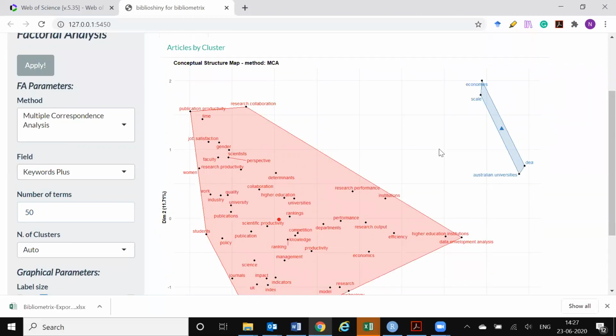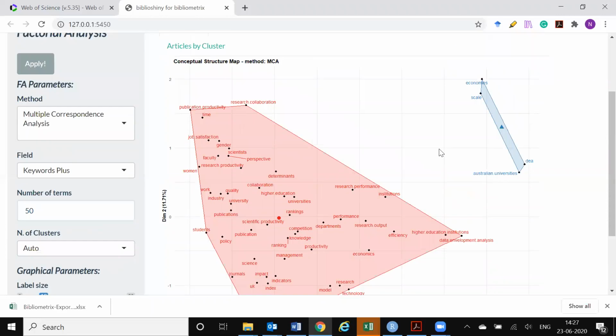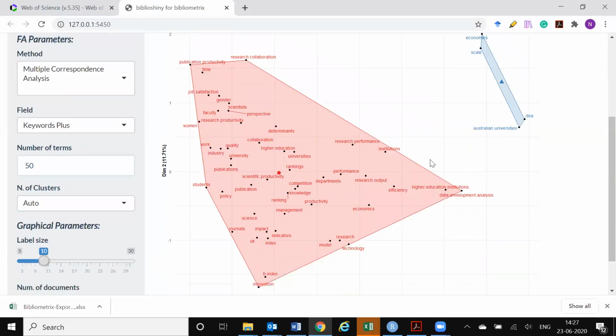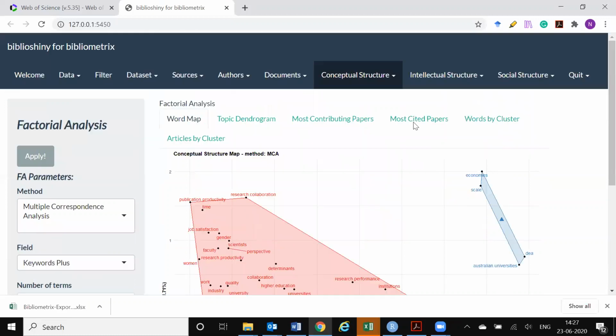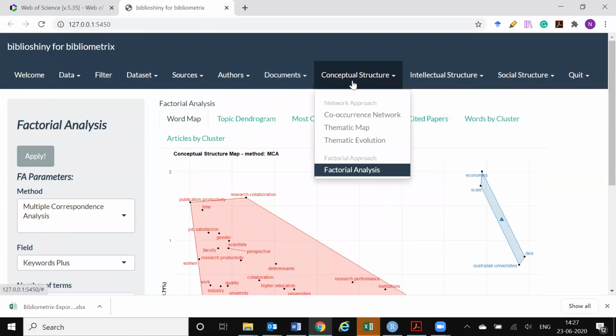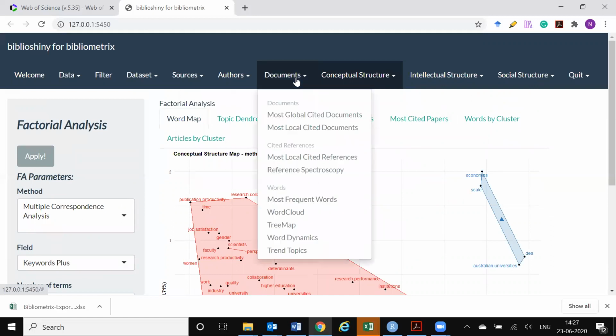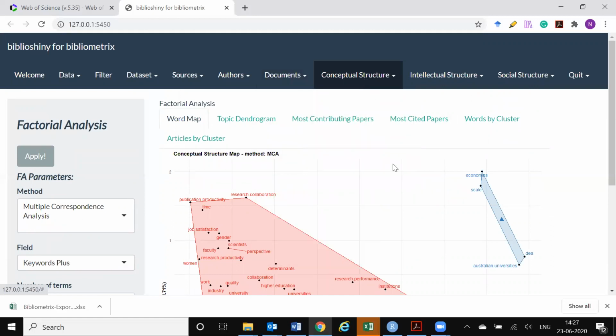But in your case, if you were to select one particular theme, generally there will be one factor, and you will be able to understand what the key terms are. Based on the previous analysis of documents where you saw the word cloud, plus factorial analysis, one can start evolving some of the themes that are appearing in the literature that you are studying.